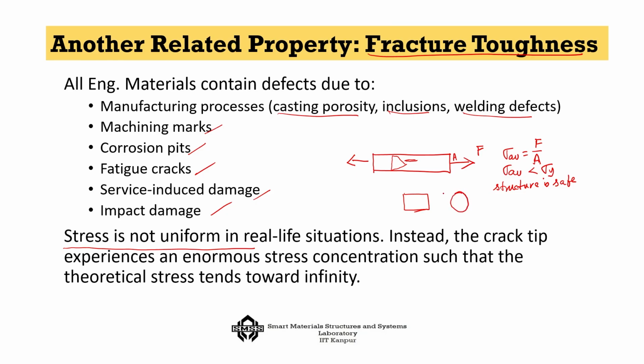Why? Because some spectacular failures happened, collapses caused loss of lives, and people understood that if you cut this type of a system out of a metallic plate, then these sharp corners can create very high stress concentration, and from there the cracks can propagate and the failure can happen.